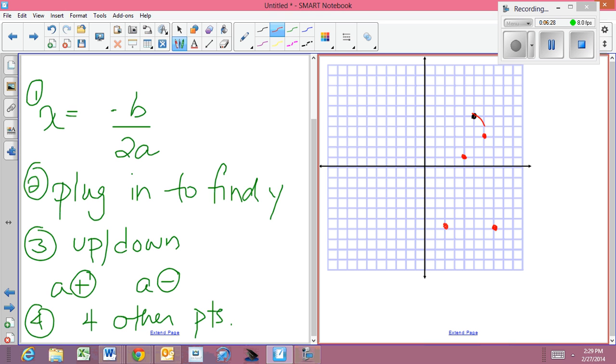Well, that is not a mirror image. One side looks like that, one side looks like that. So it looks like the left-hand side is a little wider than the right-hand side. That means something has gone wrong. Some of your points are miscalculated. So making sure everything kind of makes sense is going to make sure you have your parabola graphed correctly.